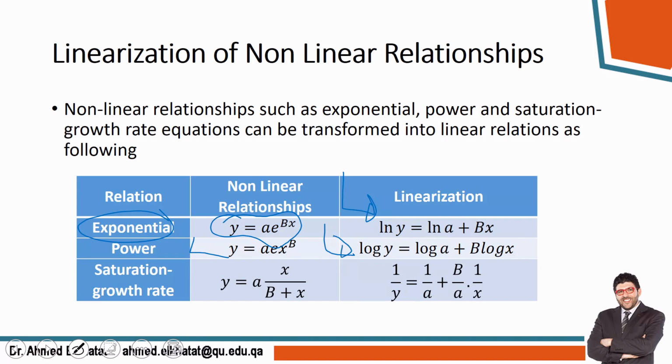If I divide each one over 1, so we invert each one, it will be like this, and each one of these parameters is linear. ln y equals ln a plus bx. Here also log y equals log a plus b times log x, and here 1 over y equals 1 over a plus b over a times 1 over x. Each one of them is linear, so you can apply the previous steps.